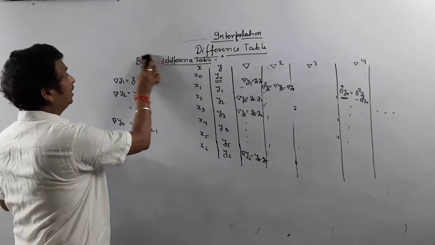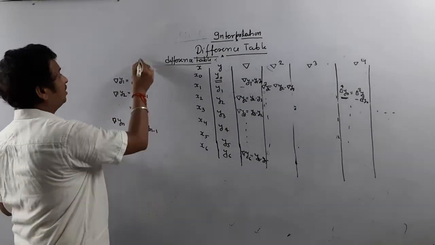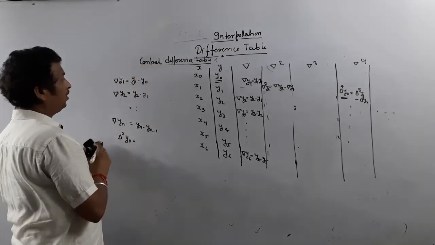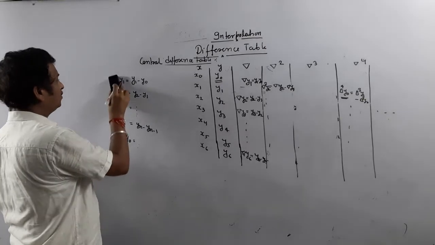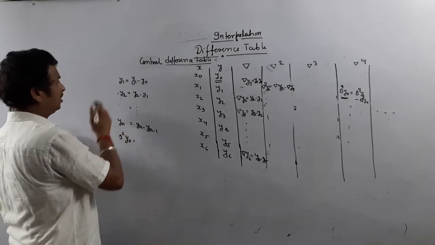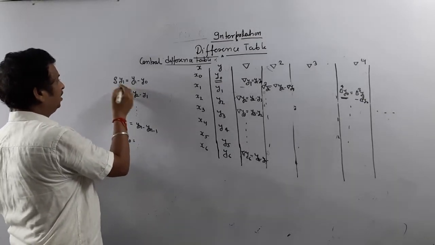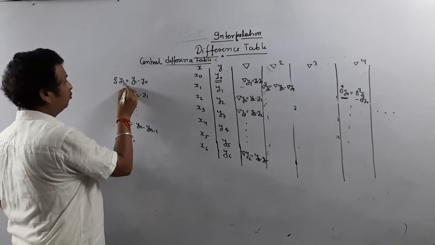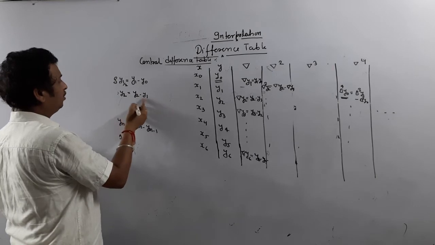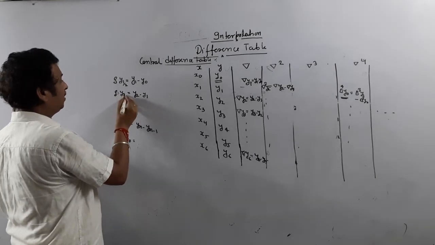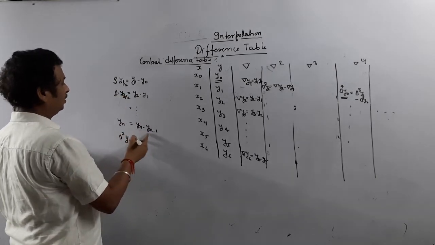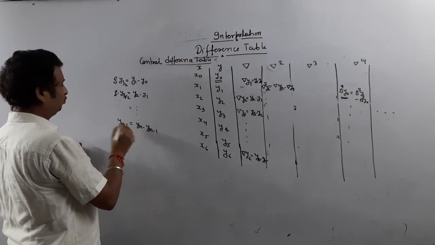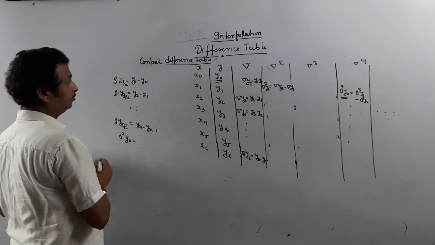Now I am going to explain the next difference. That is called central. How do we create central? Central means just a notation change. This is divided by 2, so center is half. This is del y at 3/2, this is 2n minus 1 by 2.